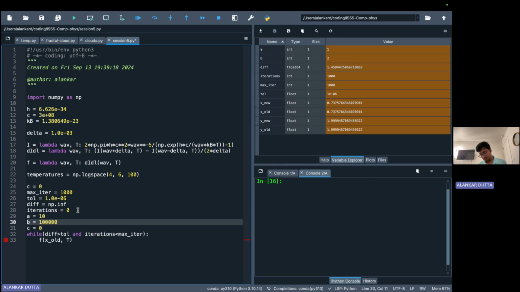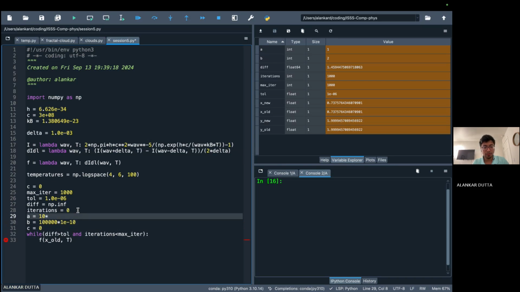And generally the wavelengths are in what are known as angstroms. And 1 angstrom is 10 to the power minus 10 meters in SI. So we do something like this just to convert this to angstroms, and C to start with is 0.